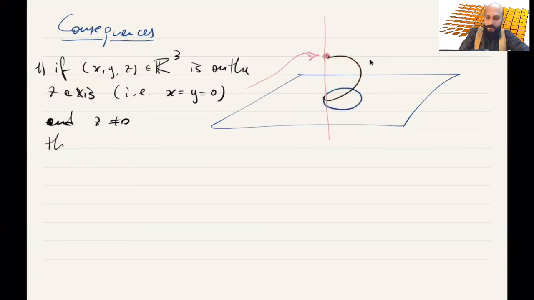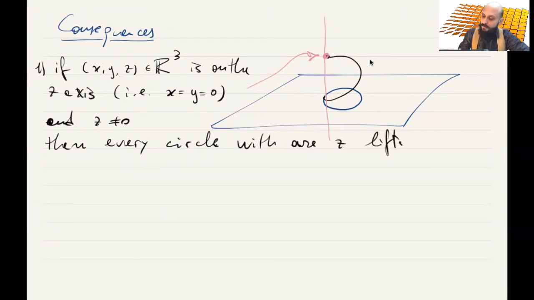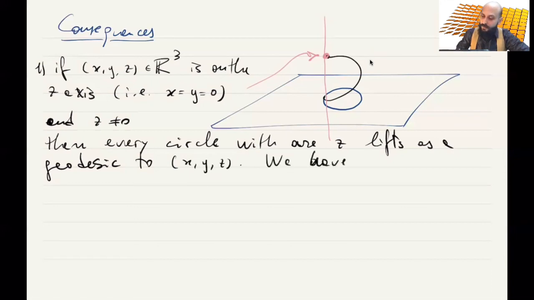So every circle enclosing area z leads to a geodesic arriving to x, y, z. And we have a one parameter family of such circles.